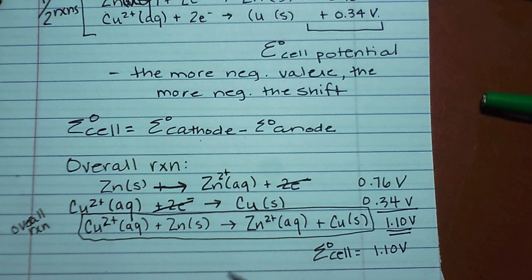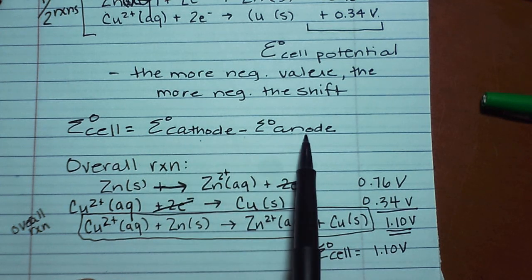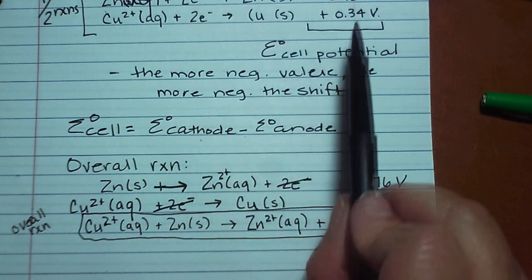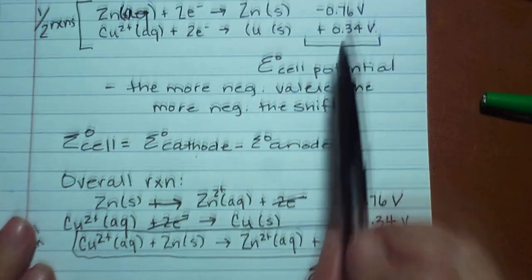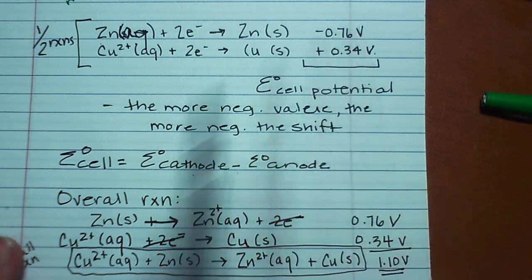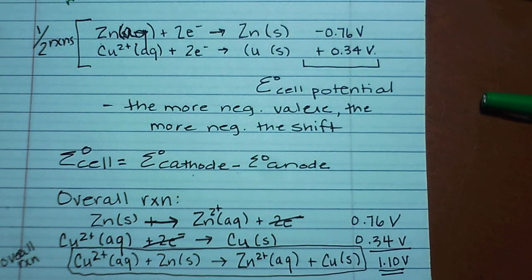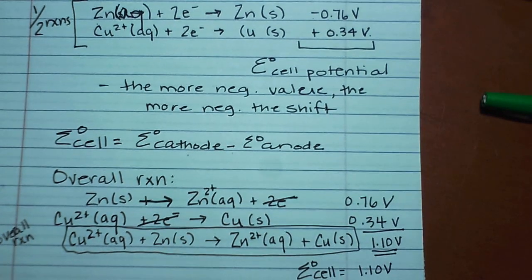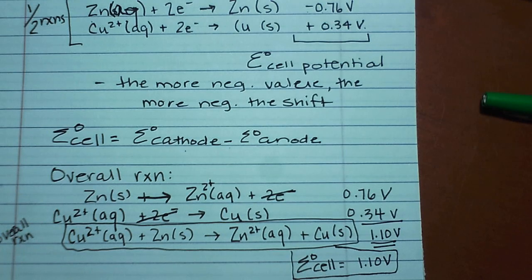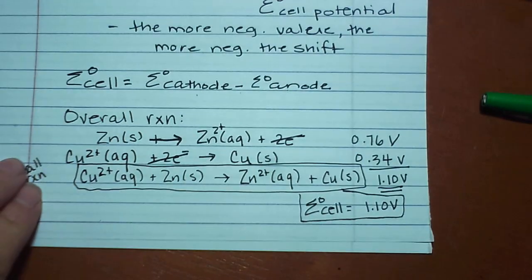But when I teach it as you flip the equation, you flip the sign, and then you add them together. So I don't use this equation, but you're going to see it in the video. And she would be saying you take the cathode, 0.34, you subtract the anode, minus negative 0.76. Okay? All right, so that gives us the E naught cell is 1.10 volts.